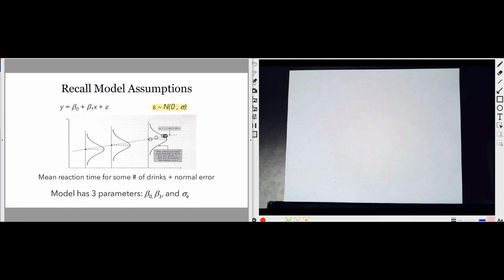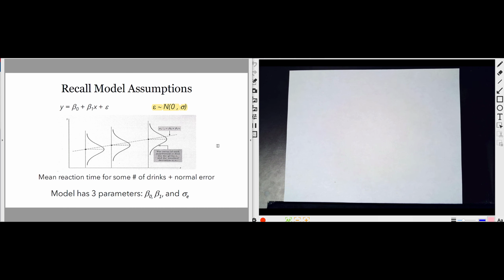Now, that may or may not be a great assumption. It could be that as the value of x increases and the value of y increases, the distributions of the errors spread out. But we are assuming for this analysis that that is not the case, and that all these normal distributions are the same.